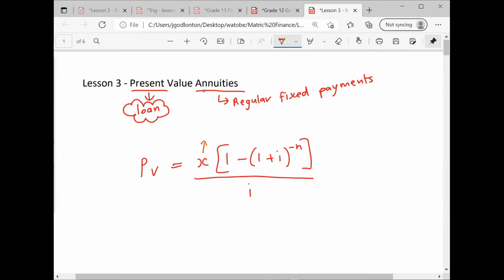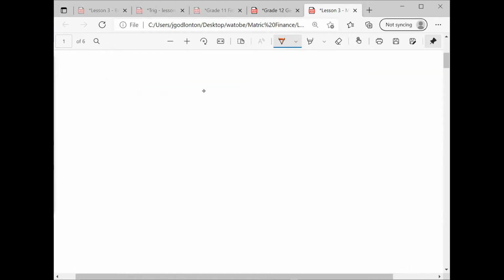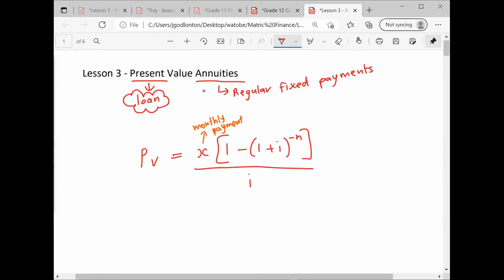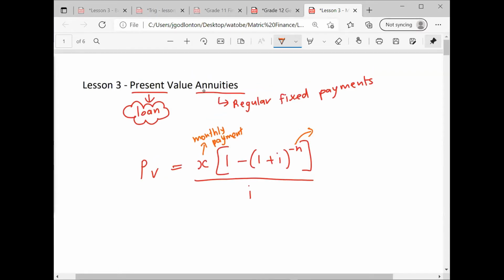X was our monthly payments, or whatever our fixed payment is, whenever we make that payment, sometimes quarterly, sometimes half a year. n is the number of payments, or the number of times interest is added, whichever way you want to think about it. And i is our interest. In this case, if we had a loan or a lump sum of money at the beginning, that would be our present value.